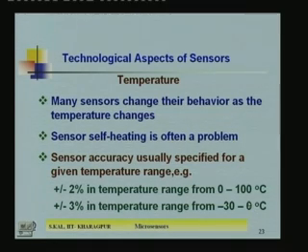Many sensors change their behavior as temperature changes, because many of the materials which are used in sensors have properties that are dependent on temperature. That is why the complete output performance of the sensor changes with the temperature of operation. Another is the self heating.